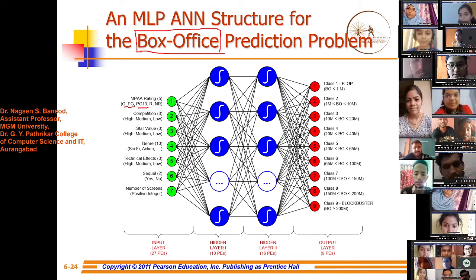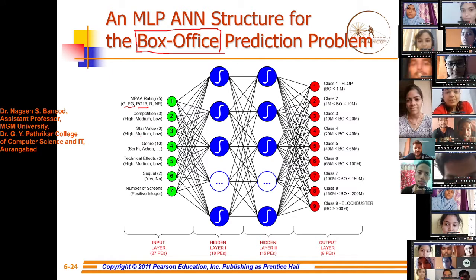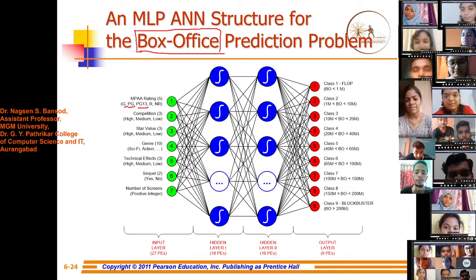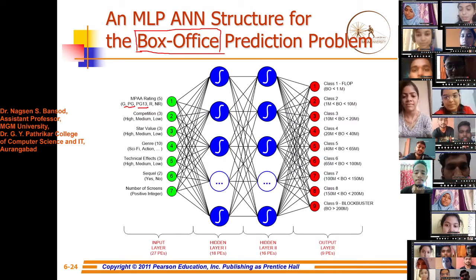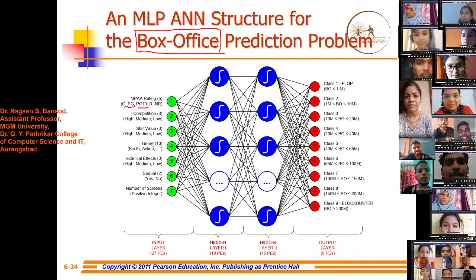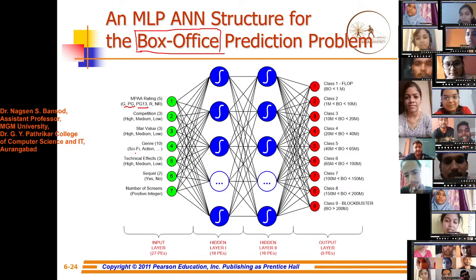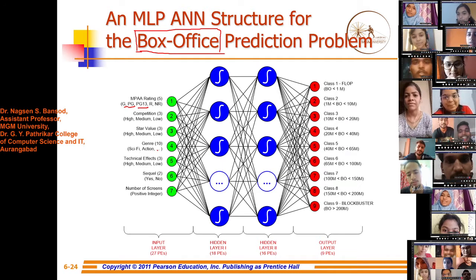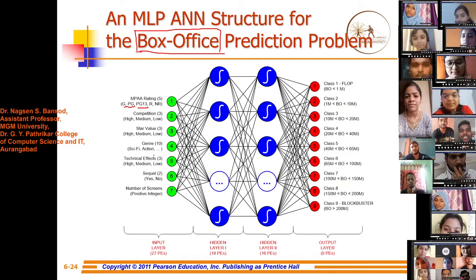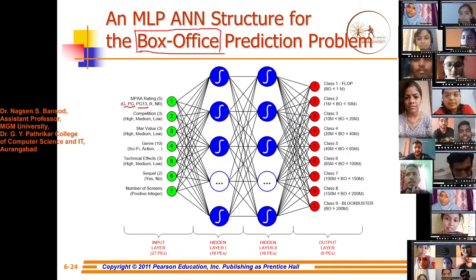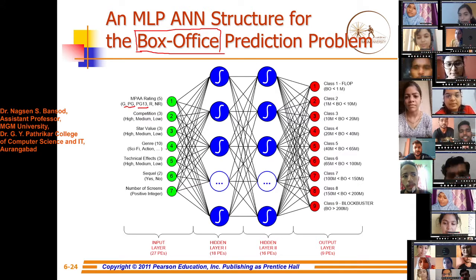Then star value, high, medium, low, we will provide as input 3. Then genre, like sci-fi, action: whether the movie is an action movie, or a sci-fi movie, or a children's movie. Like this, input we will provide here.